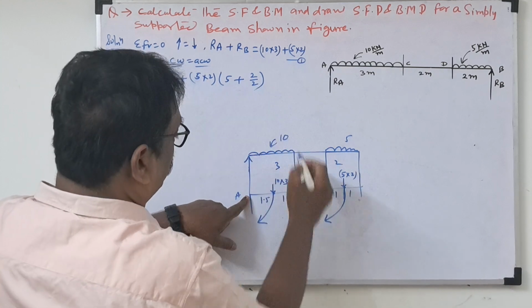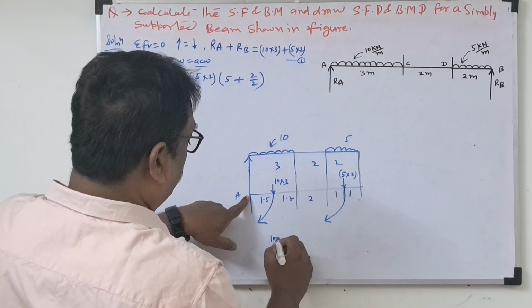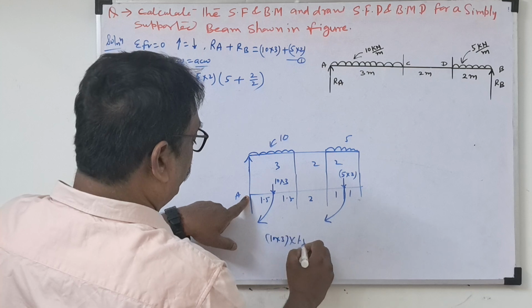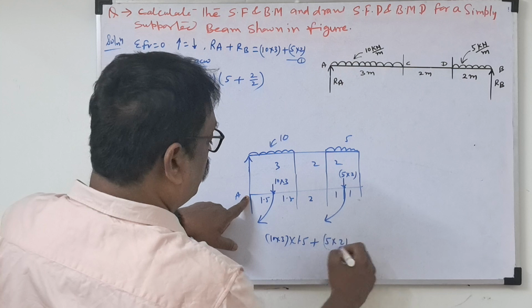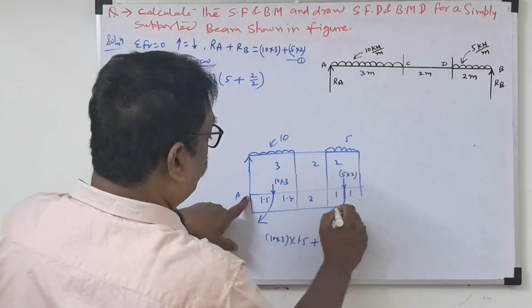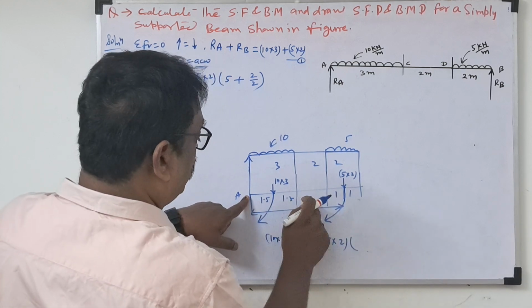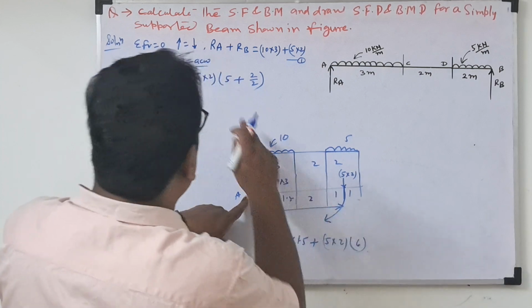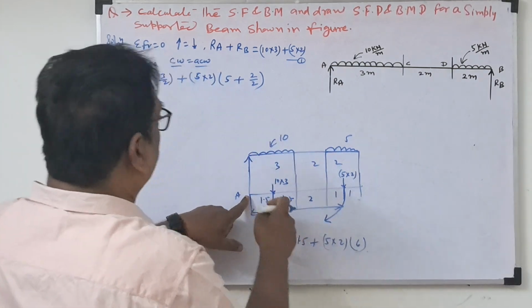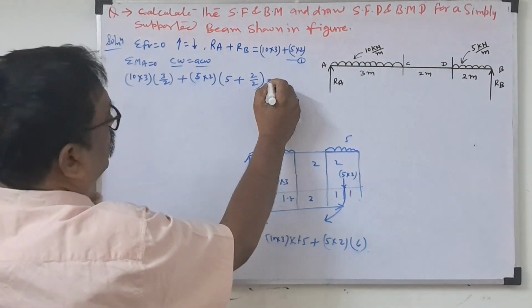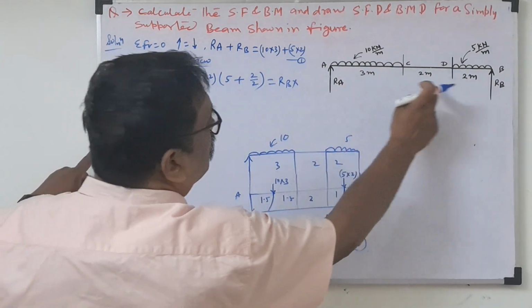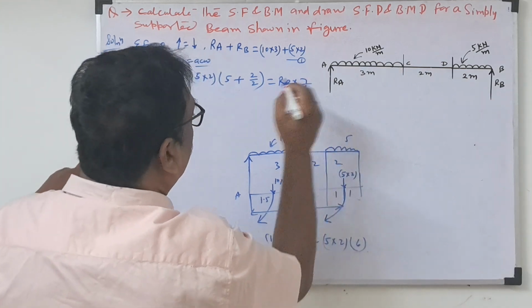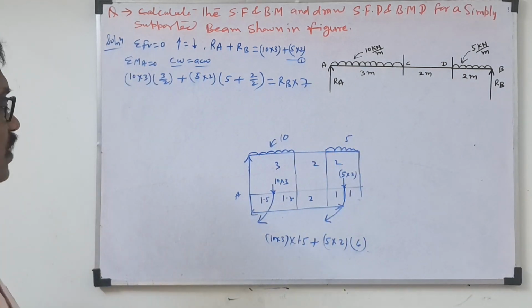Either you write 10 into 3 into 1.5 plus 5 into 2 into the total distance, 5 plus 1, 6. Either way you find the moment. So clockwise equals anti-clockwise, which will be RB into the total distance 7. This way you can find the support reaction.